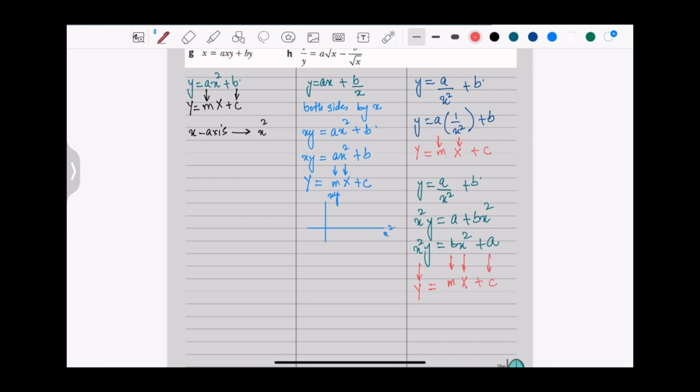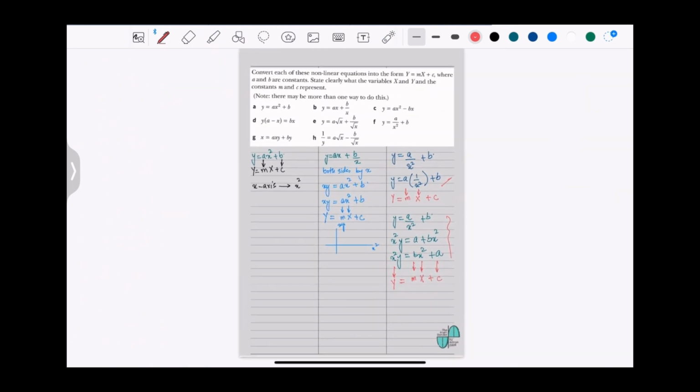So on the x-axis, the same equation was 1 over x squared and on the y-axis it was y, but in this, you can manipulate it in a different manner, and you get x squared y on the y-axis, and on the x-axis it is x squared.